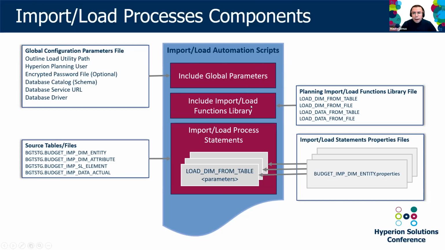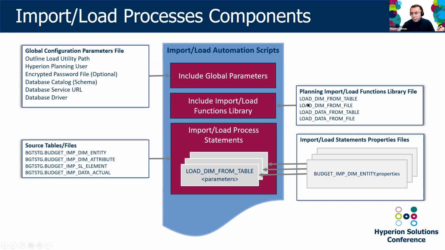Also, we encourage you to create a functions library. So instead of making a call to the command line utility over and over and over in all the scripts and everywhere, the idea is that you create a wrapper. Essentially, you define which processes you need.